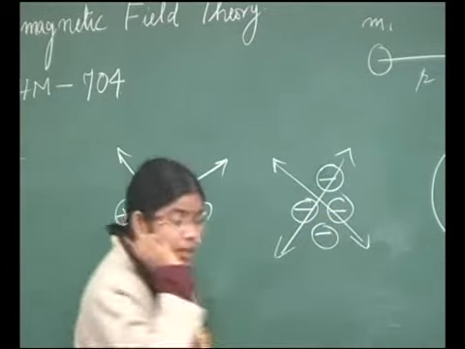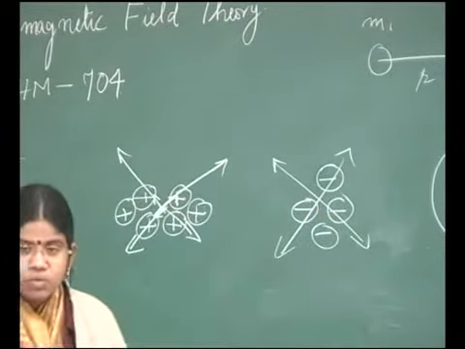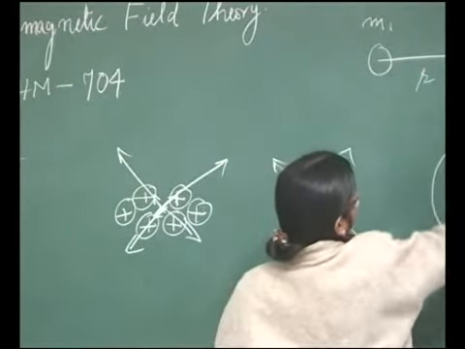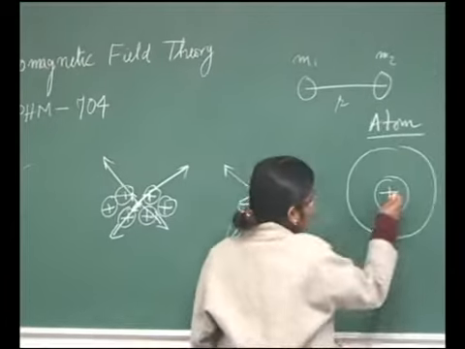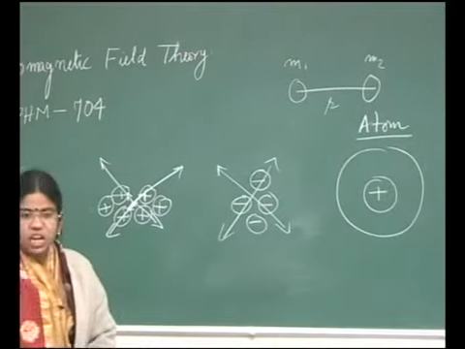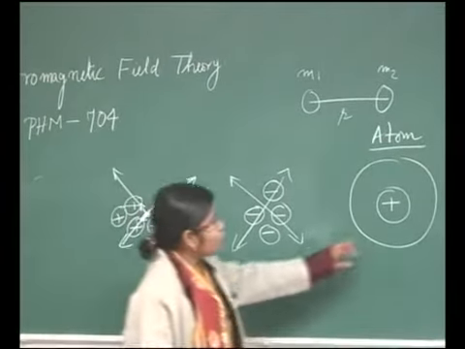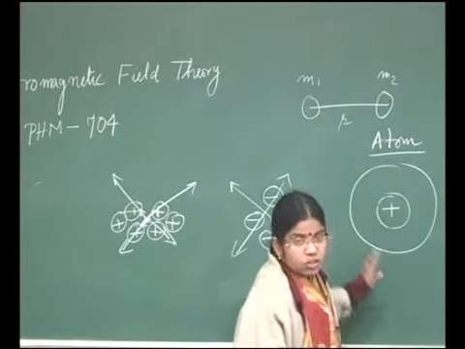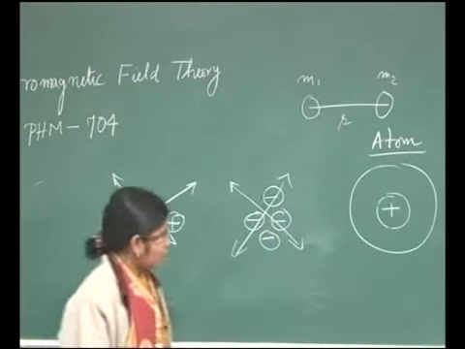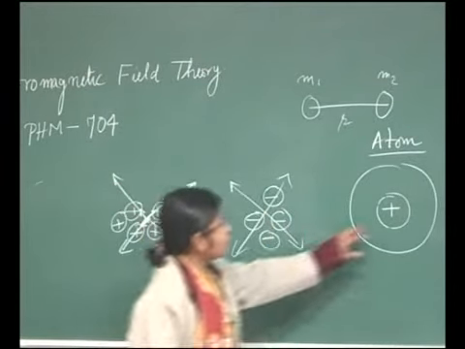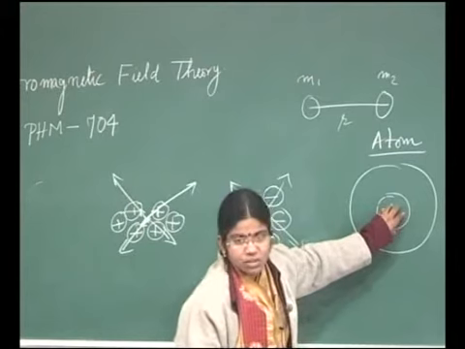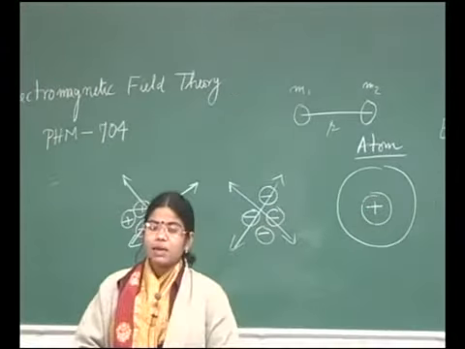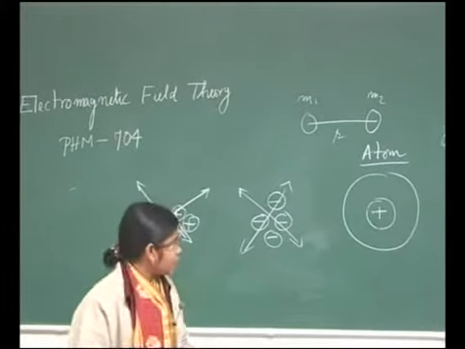They will repel each other with enormous force. But if I take an atom, it has a heavy positively charged nucleus with a large number of protons sitting inside, and also electrons orbiting around the nucleus. Now the question is, if a large number of similar kind of charges are sitting inside this nucleus, why don't they fly apart? Why doesn't this nucleus break?